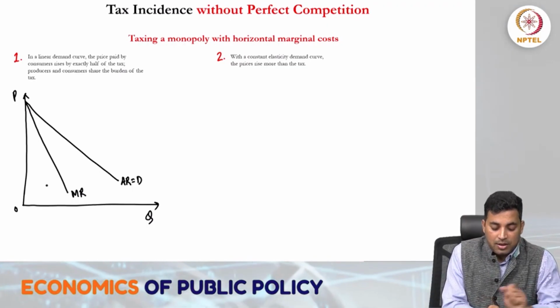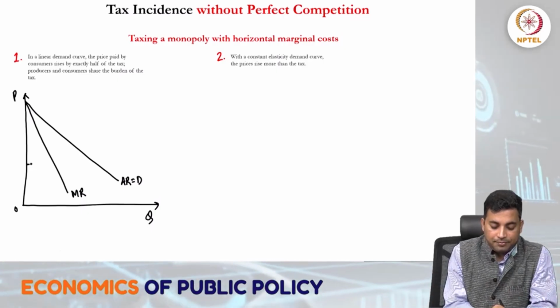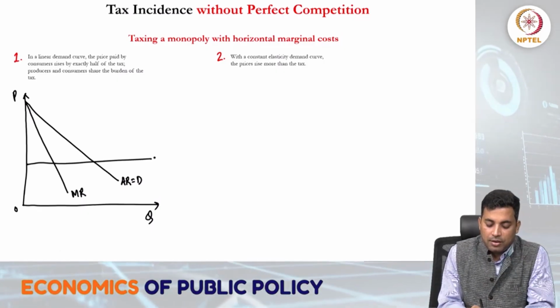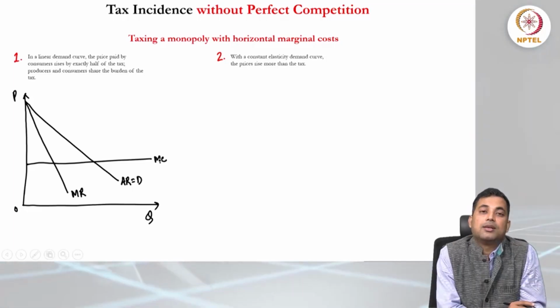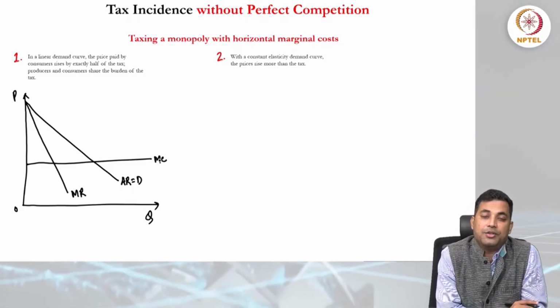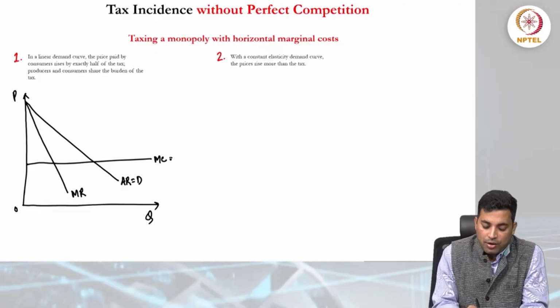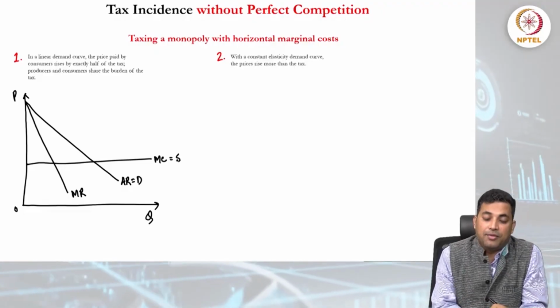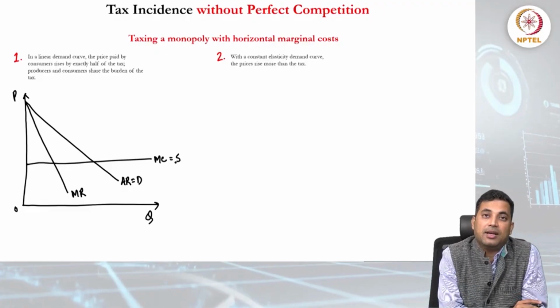So suppose this is the marginal cost curve, or the supply curve of the firm, which is perfectly elastic.